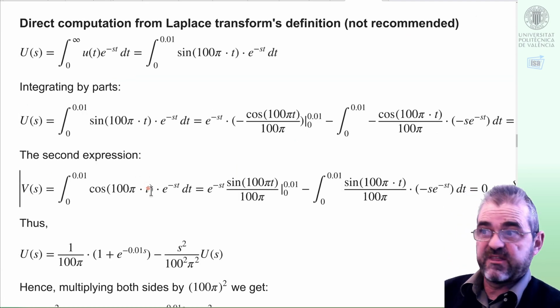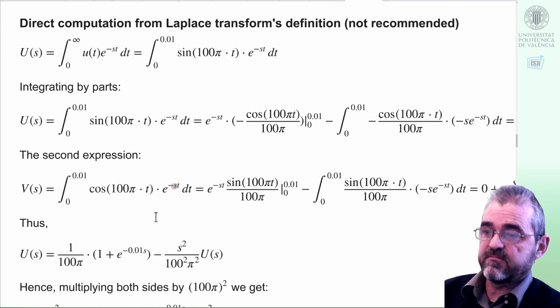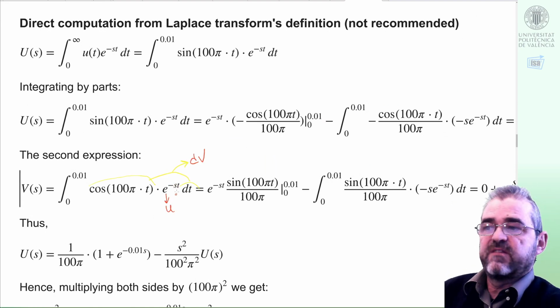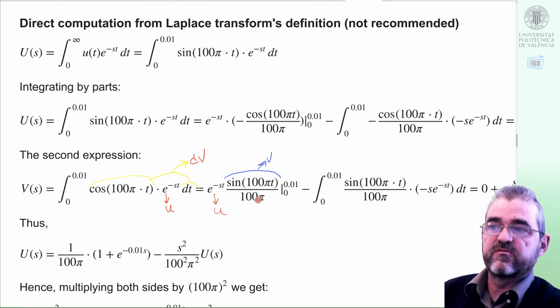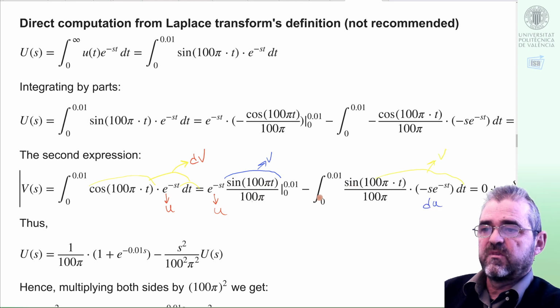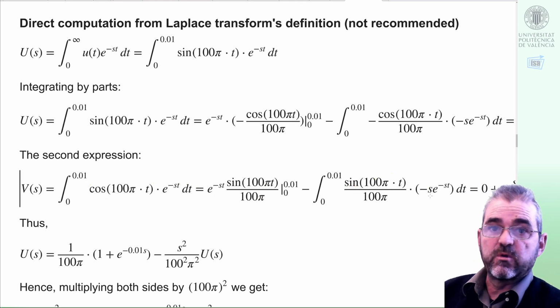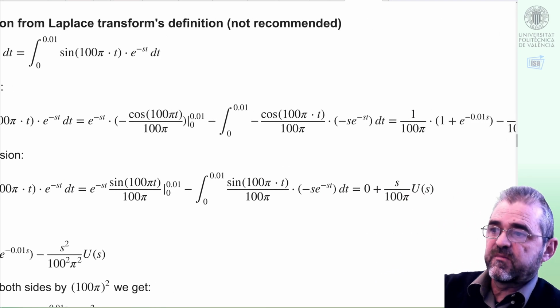If we do the same with that v function, then again, if u is the exponential and dv is the cosine dt, then the integral of the cosine is the sine, divided by, of course, the omega frequency, and the integration by parts is this thing, so we can work out things.